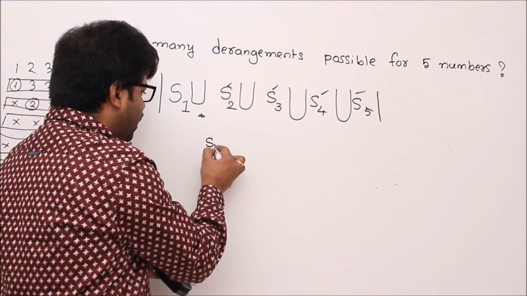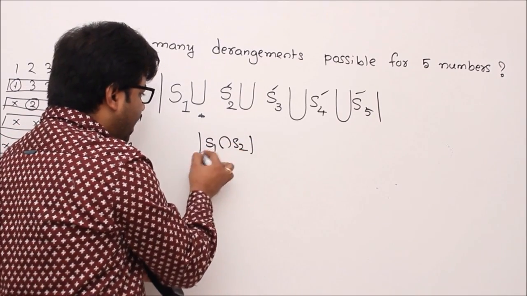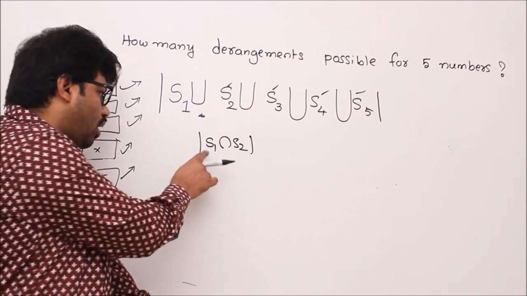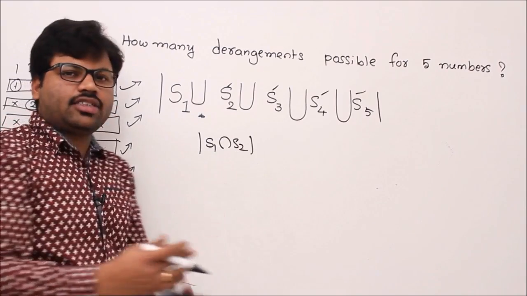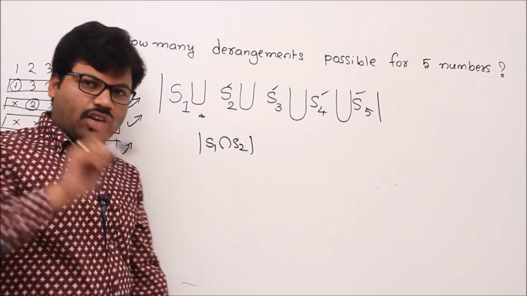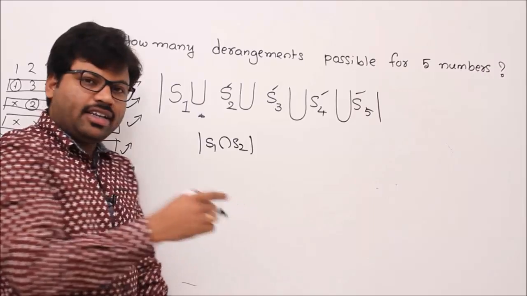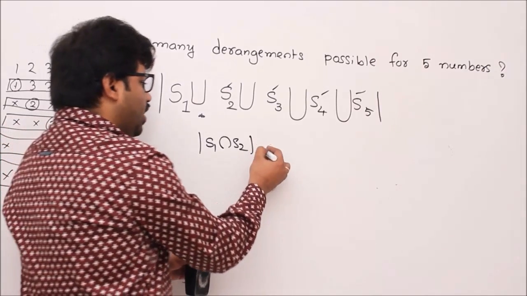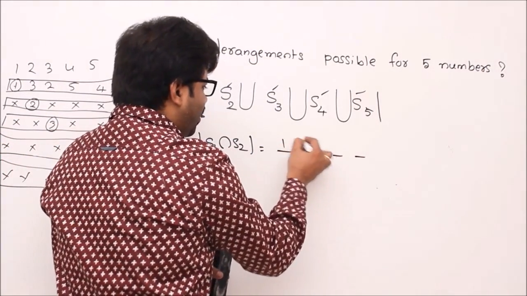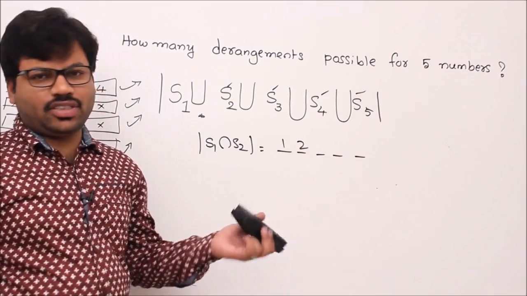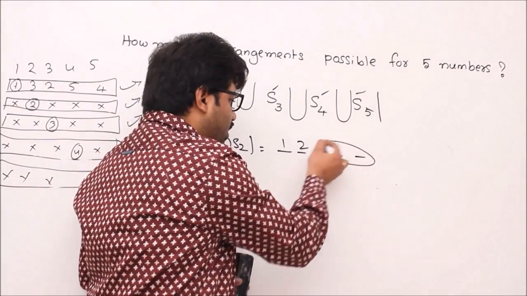That is S1 intersection S2. First describe it. These are all patterns where 1 is in the correct position. These are all patterns where 2 is in the correct position. Then the common patterns are where 1 is in the correct position and 2 is in the correct position. Then only these 3 positions can be varied.